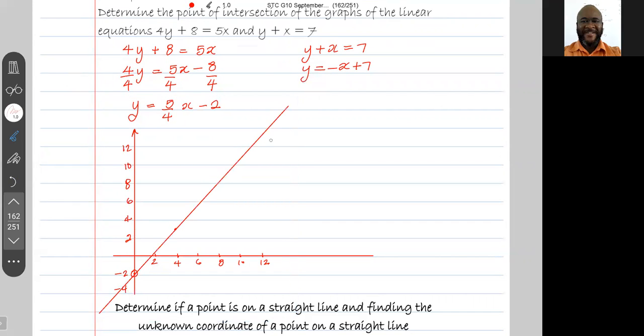So this is the line y is equal to 5 over 4x minus 2. The next line is y is equal to minus x plus 7. It cuts the y-axis at 7, and the gradient is 1.